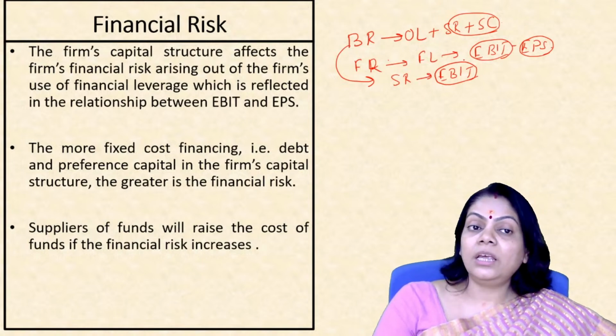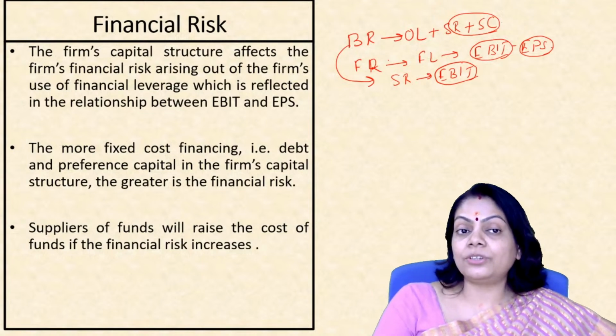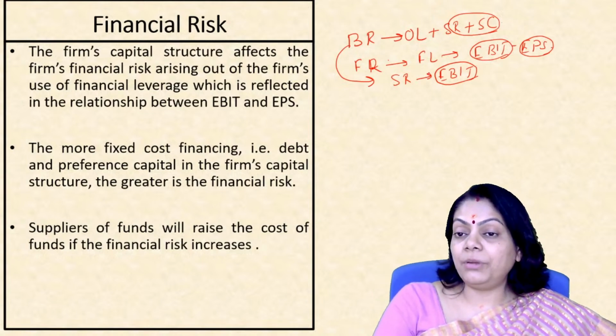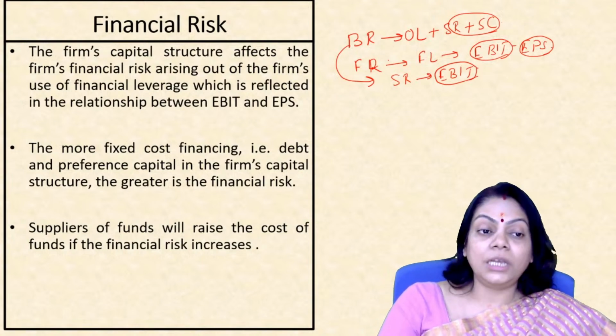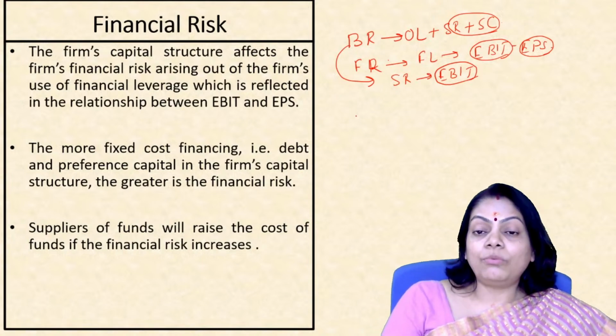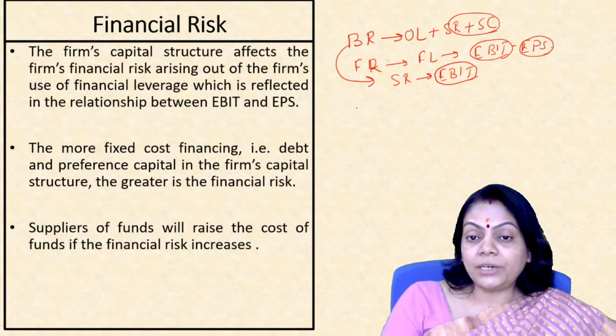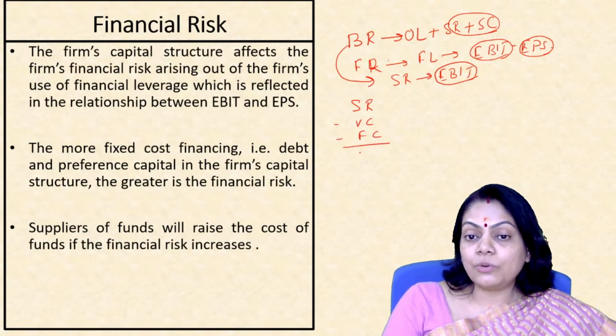That is why in the leverage analysis of the capital structure decision, EBIT plays a very major role. Our subsequent discussions will all be centered around this EBIT. Now, what is a fixed cost? If you remember, we started with the sales revenue, then we talked about the variable cost, then the fixed cost. So we reached the EBIT.